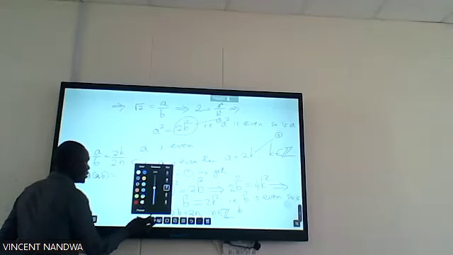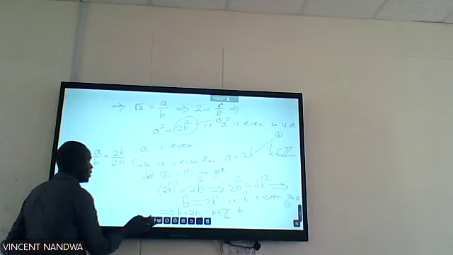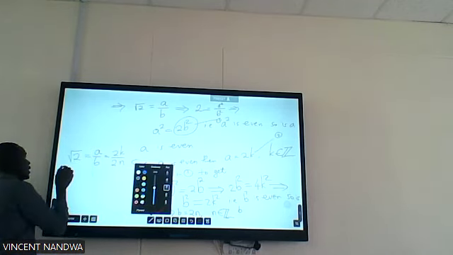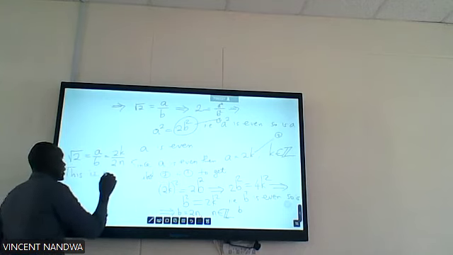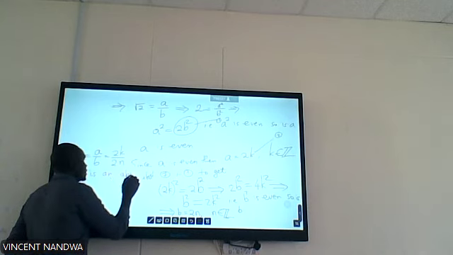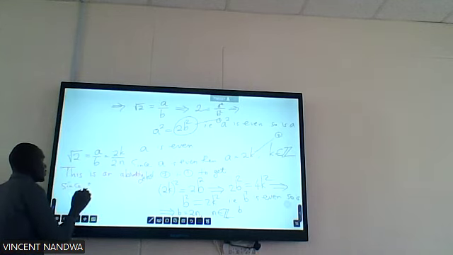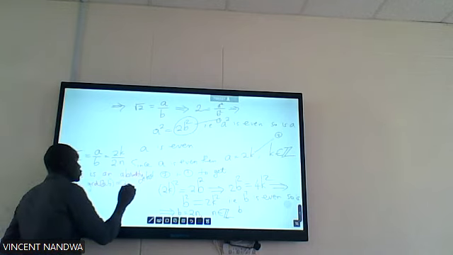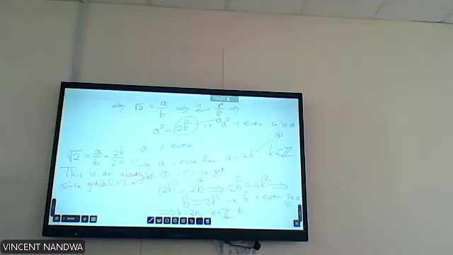In fact, to make this statement clearer, after showing that b is also even, we say this is an absurdity, since the GCD of a and b is 2, which is not equal to 1, as per the definition of rational.